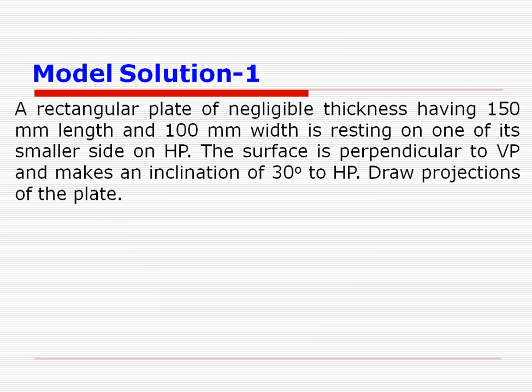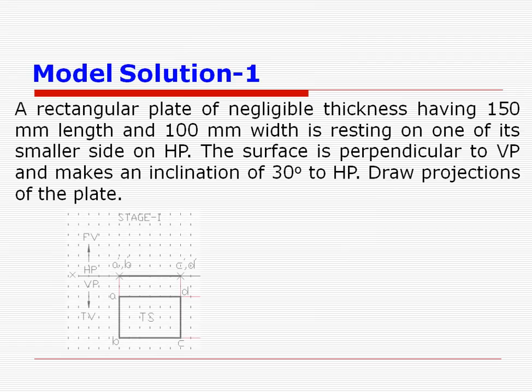So the first assumption stage, we draw like this. When the plane is lying in HP, its front view A dash, B dash, C dash, D dash is just lying on XY line as shown here, and its top view thus is a true shape.